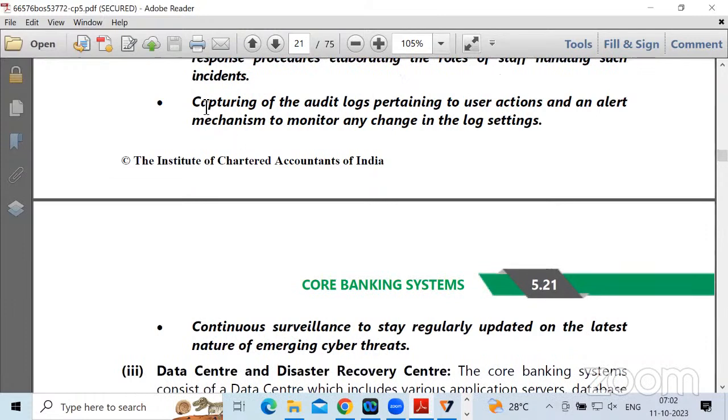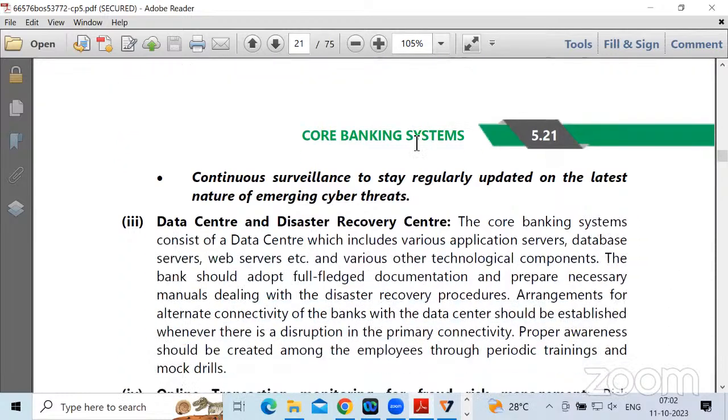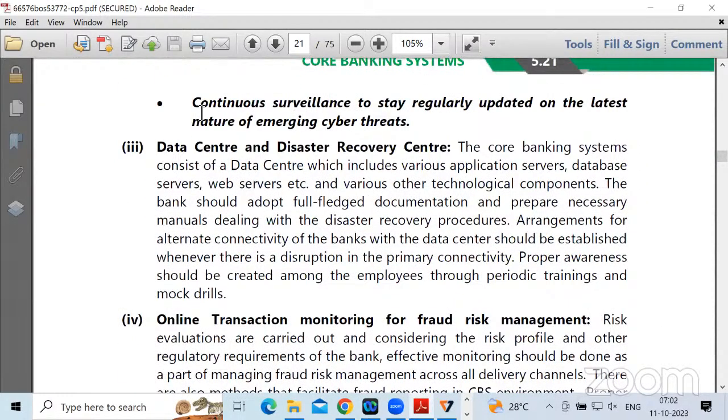Now, capturing the audit logs pertaining to user actions. This is for checking whether any security lapse or security attack is there. Continuous surveillance to stay regularly updated on the latest nature of emerging cyber threats. As I said, when the technology is improving, the threat is also increasing.